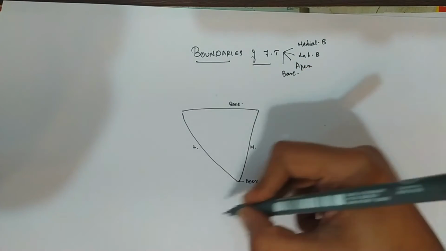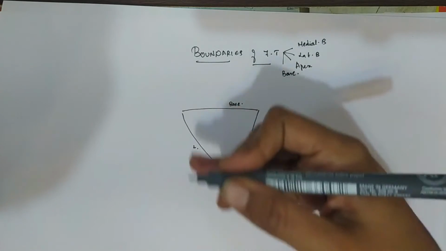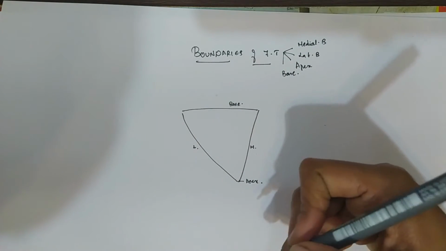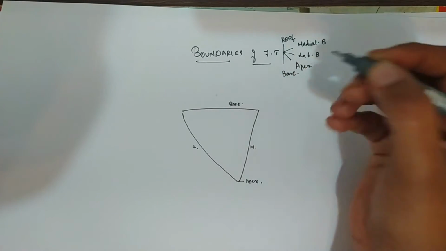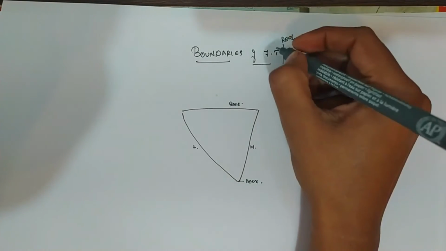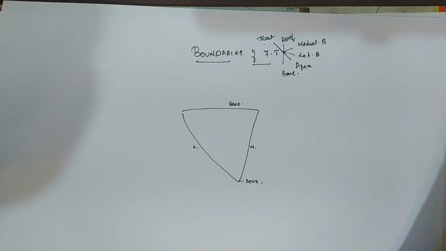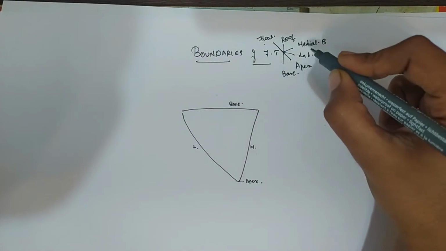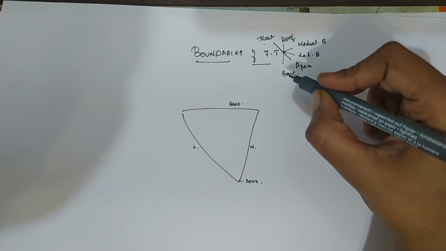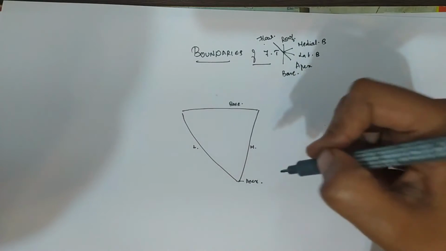Then later we will see about the covering of this femoral triangle, that is the roof, and in the lower part we have got the floor of the femoral triangle. About the floor, we will see what muscles contribute to it. So about boundaries we are going to see two borders, apex, base, and also roof and floor. First we will deal with the boundaries.